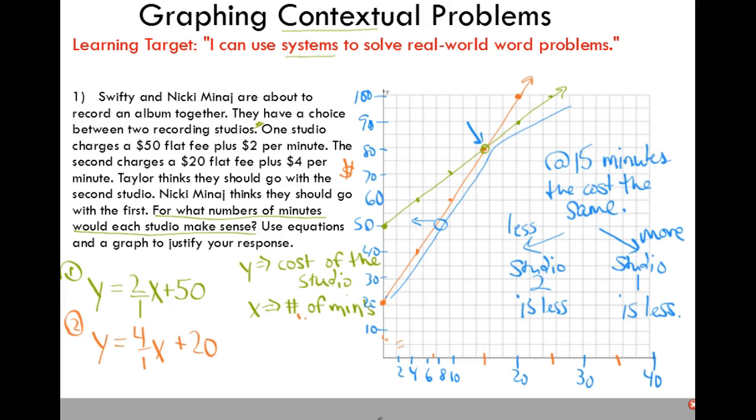And this is, you can make a more informed decision, or at least these famous people can make a more informed decision. They might both look at each other and say, oh yeah, we're going to take many hours, not just 15 minutes, so yeah, we'll go with Studio 1. And that's how contextual word problems work.